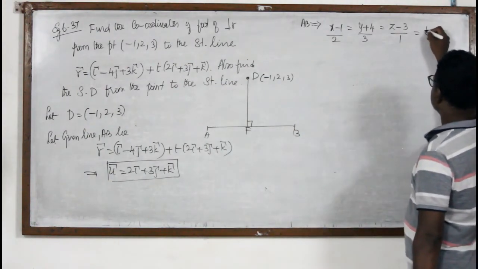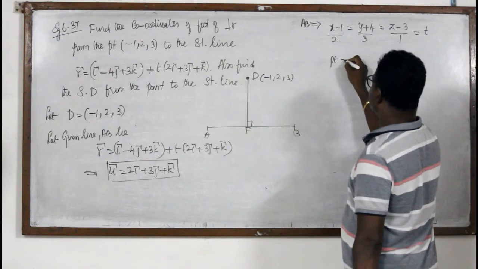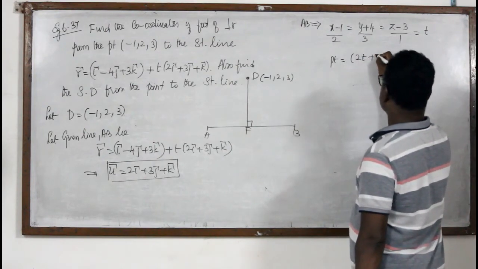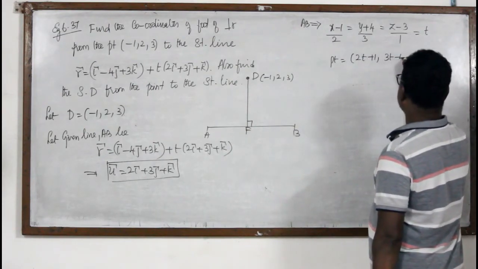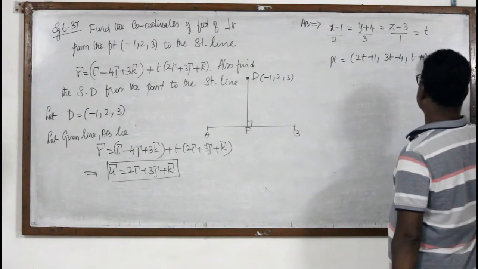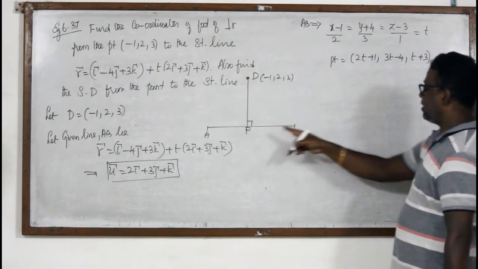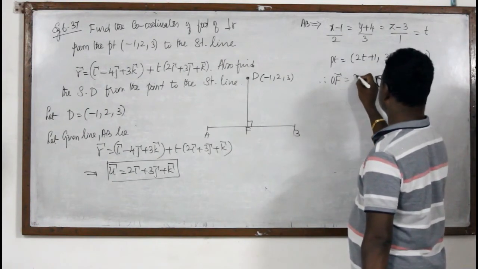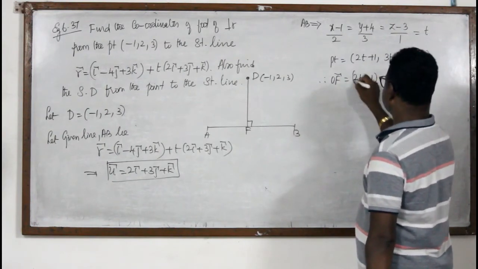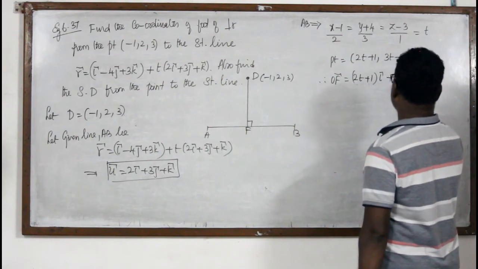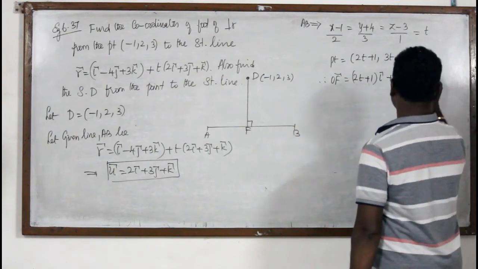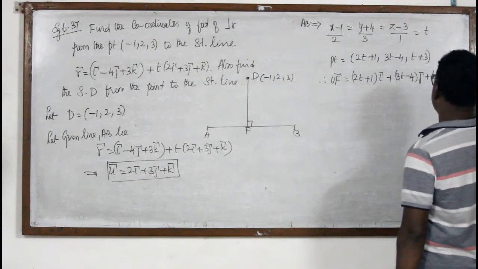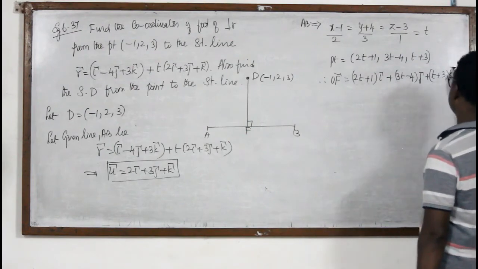If I take this as t, then the point is (2t plus 1, 3t minus 4, t plus 3). This is the point F. Therefore, OF vector equals (2t plus 1)i, (3t minus 4)j, (t plus 3)k.